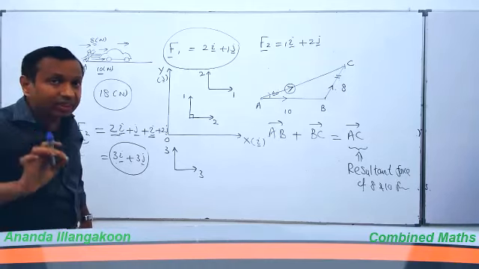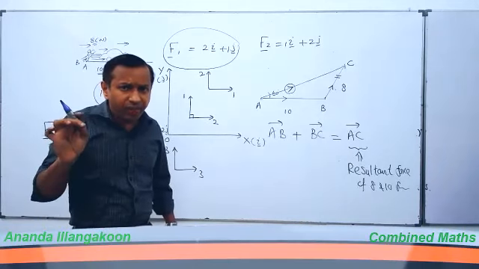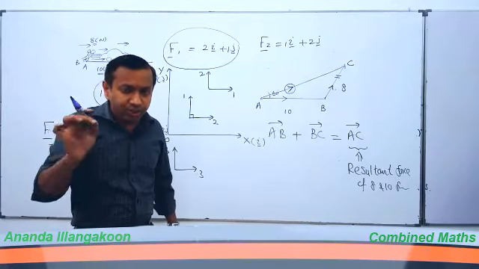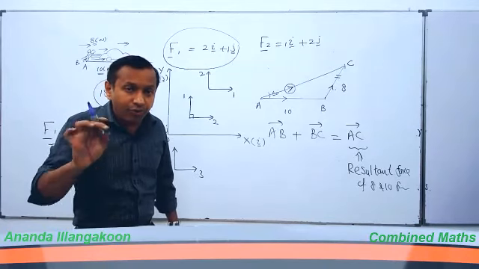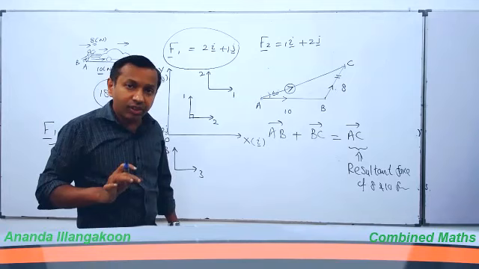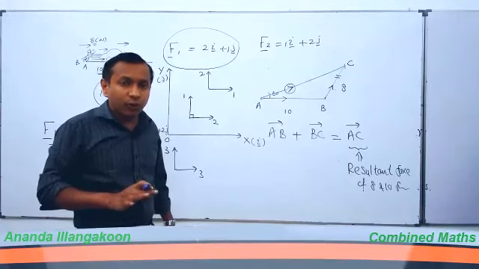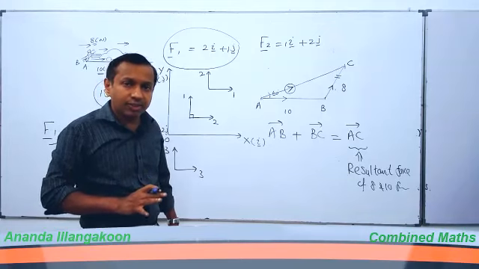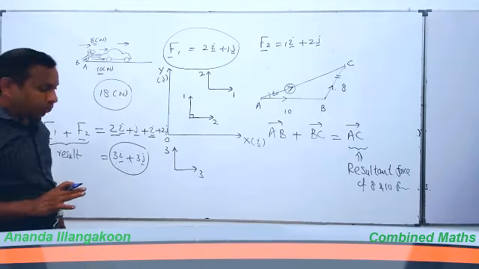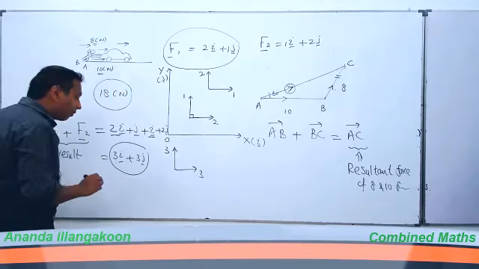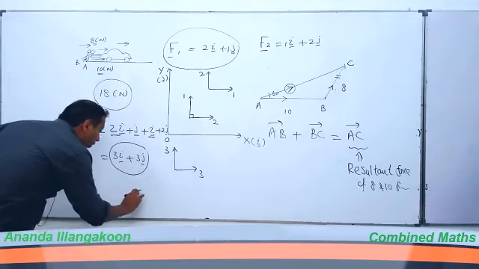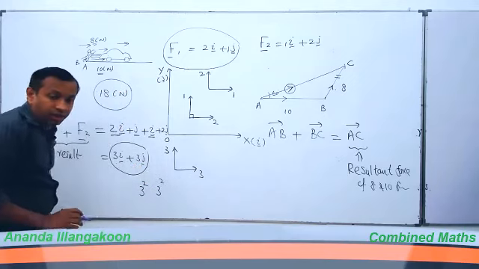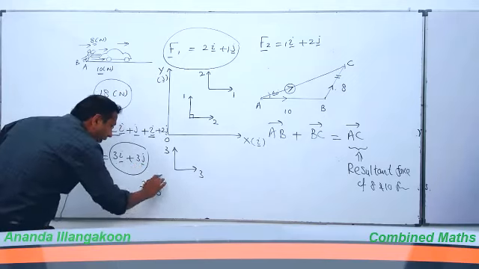People, last week we learned how to find the size of a vector expressed with i and j unit vectors. We said size means modulus, the magnitude in other words. How do we find it? We square the i coefficient, square the j coefficient, add them up and take the root.